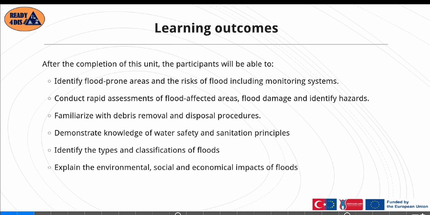Participants will also become familiar with debris removal and disposal procedures, as well as principles of water safety and sanitation. Additionally, they will be able to distinguish between different types and classifications of floods and explain the environmental, social, and economic impacts caused by flooding.